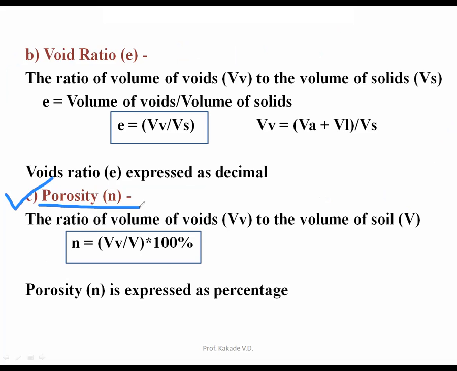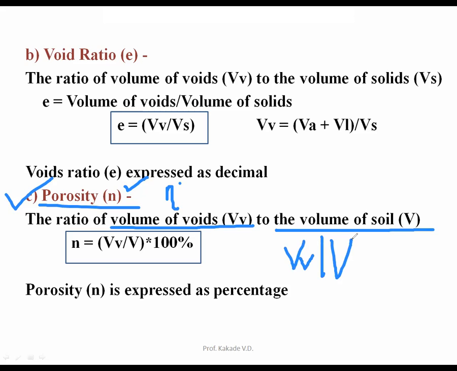Porosity is represented by nu. Actually this is the actual notation, but for convenience I represent it by small n. It is the ratio of the volume of voids to the total volume of soil.